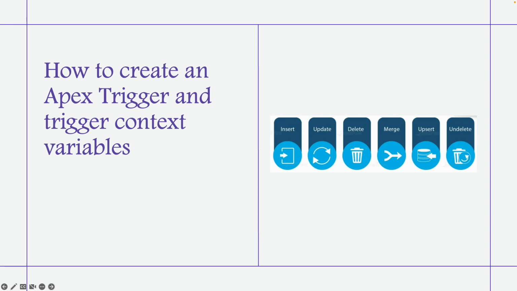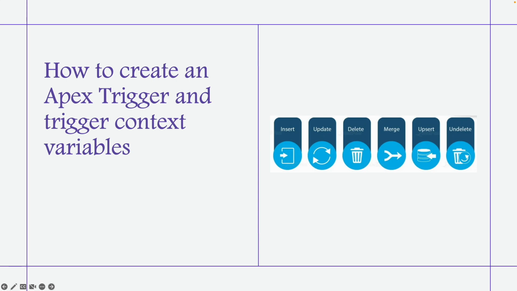In this video, you will learn how to create your own Apex trigger and use trigger context variables to access information about the record that triggered the code.